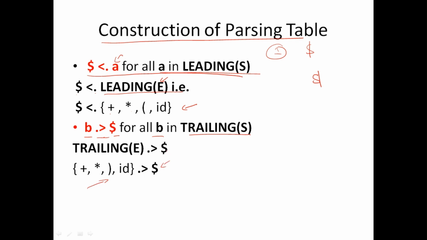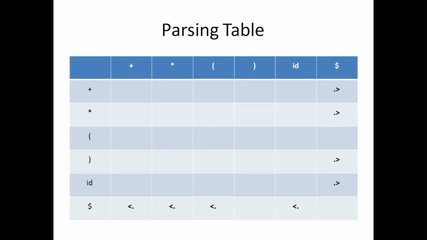In the corresponding parsing table we are going to have these entries: plus takes precedence over dollar, asterisk takes precedence over dollar, closing parenthesis takes precedence over dollar, id takes precedence over dollar. In the same way, dollar yields precedence to plus, asterisk, opening parenthesis and id.